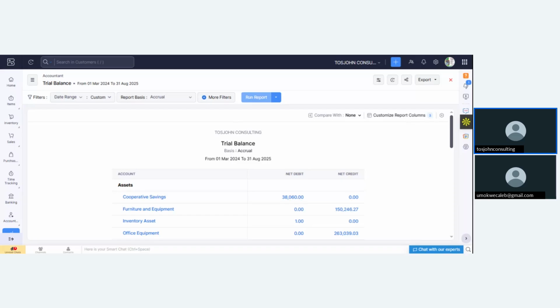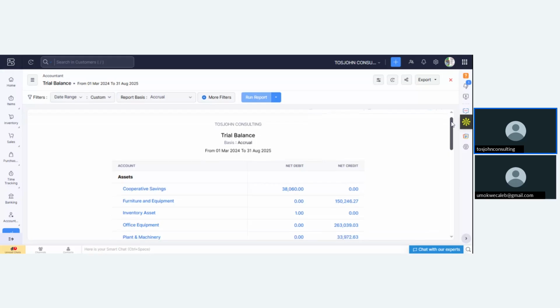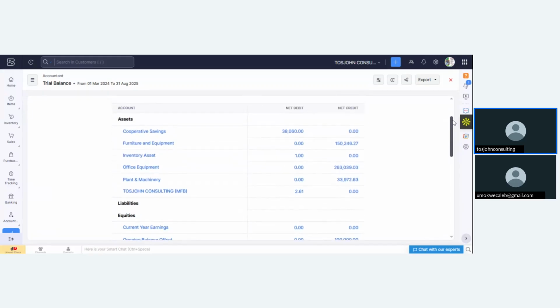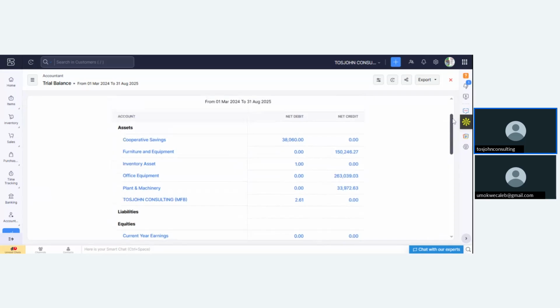So once you have this trial balance, you are going to check all the posting, whether they are correct, right? Normally, like I told you, you debit all expenses, debit all assets, and then you credit all liabilities, credit all sales, profit, and gains.